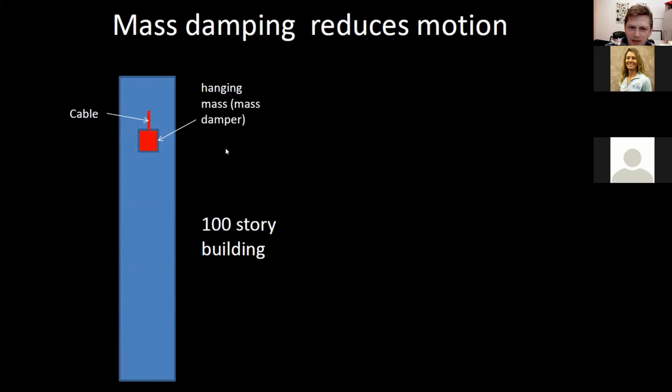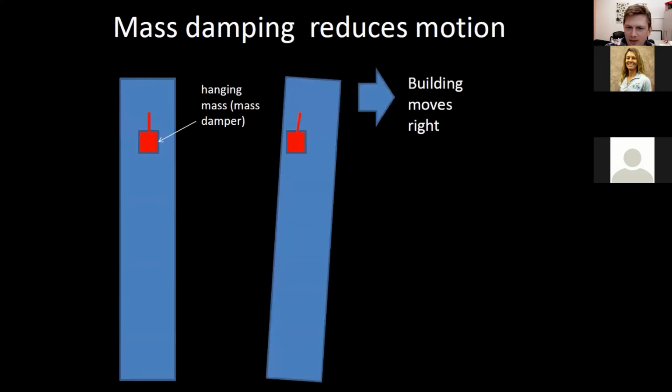So let's say the building is struck by a force and it shifts. There's empty space in the tops of these a lot of the time, and the counterbalance will move.